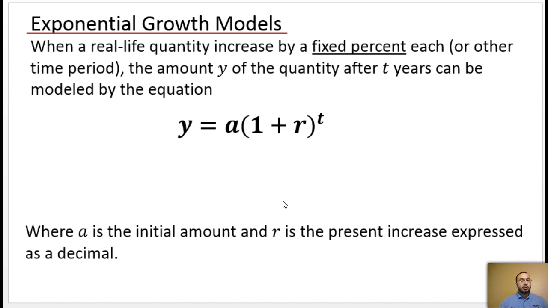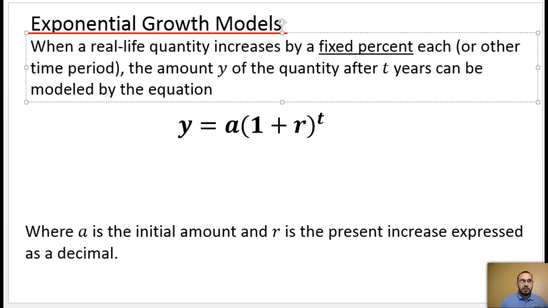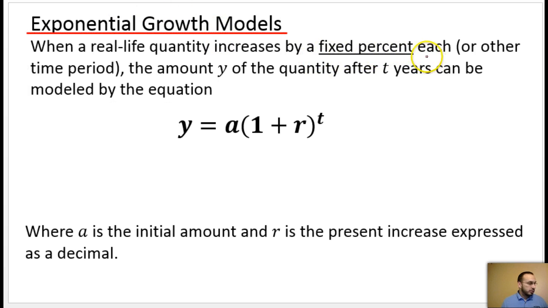We have exponential growth models. So it's something that we've been looking at, our exponential growth. We've graphed them. Now let's understand them a little bit deeper. So when a real life quantity increases, so this should have been an S. Let's do increases. There we go. By a fixed percent. Issue with this definition.